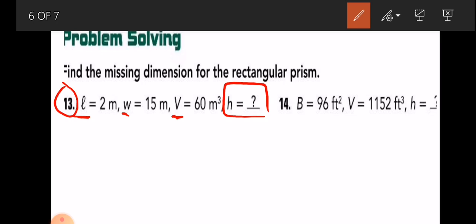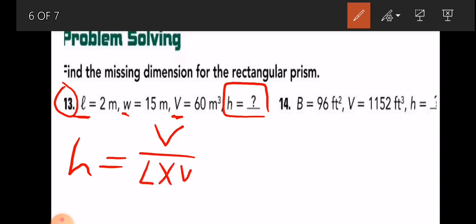You will take the volume and divide it by length multiplied by width. Means what? Height will be equal to volume divided by length multiplied by width. Okay, if the length is missing, I will put the length equal volume divided by height multiplied by width. Any one of them is missing, you will do the same way.